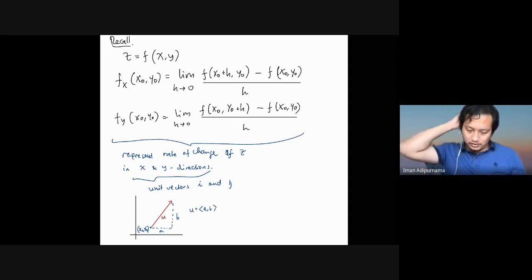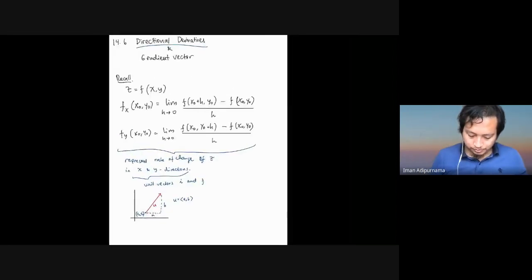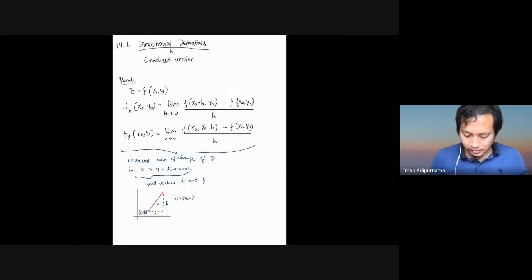When we are dealing with this, your derivatives will have directions based on the unit vector a and b. Now I think it's better if we look at the picture. Let me just go into the next page.